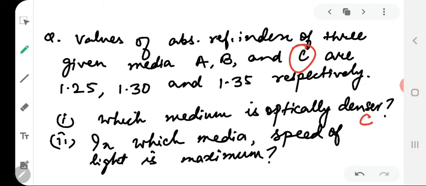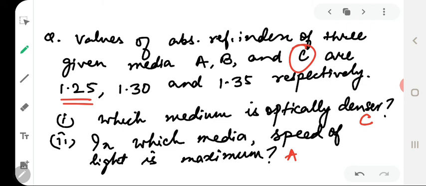So as we can see that refractive index of medium A is minimum, that is 1.25. This means speed of light in medium A is more as compared to media B as well as C. So in such type of questions, we simply can realize the answers by looking into the values.